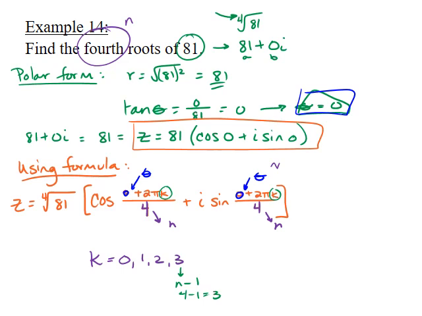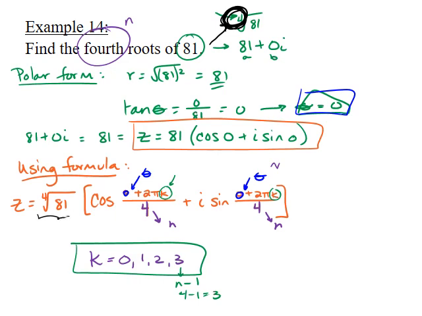So we will have 4 answers, found by plugging in 0, 1, 2, and 3. I know that there are going to be 4 answers because we talked about it at the beginning of this slide.